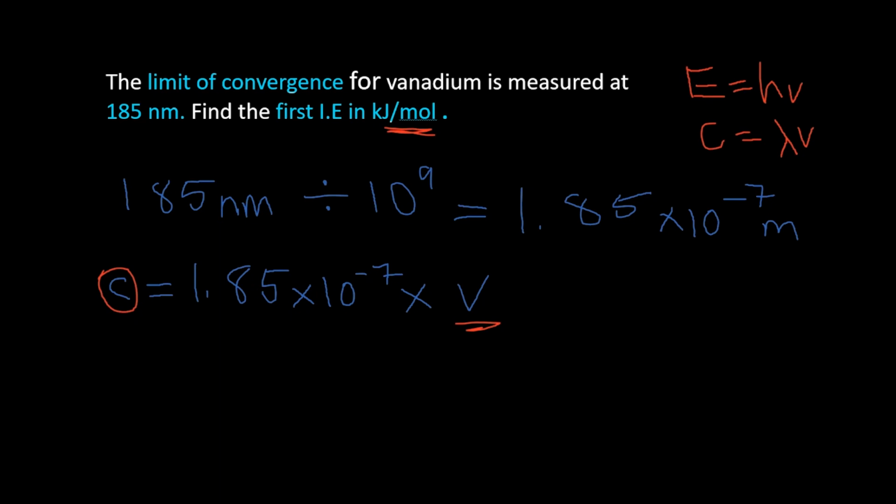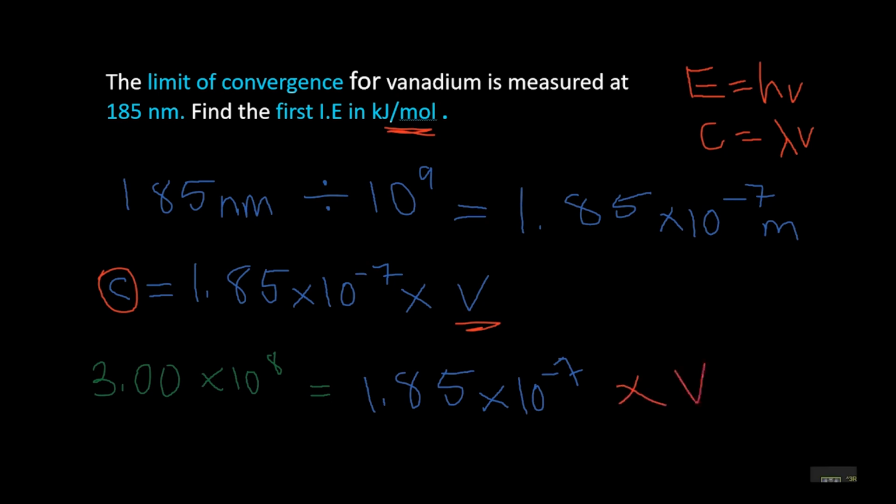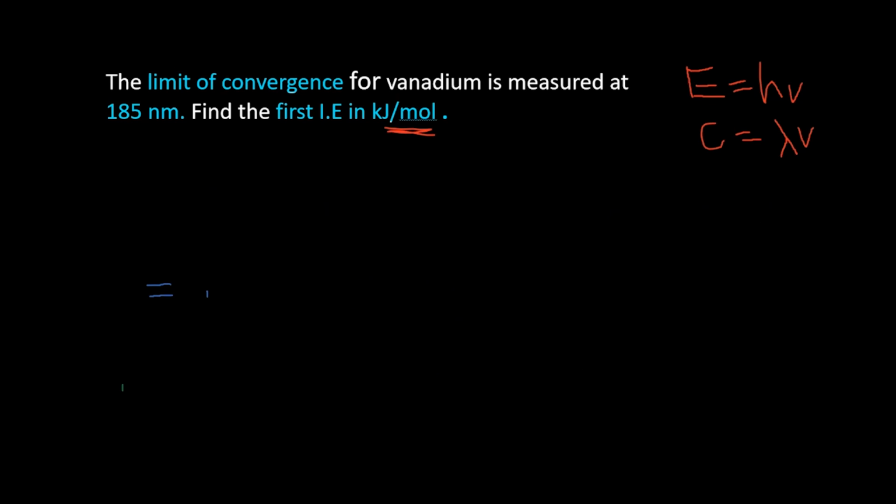So 3.00 times 10 to the power of 8 equals 1.85 times 10 to the power of minus 7, that's the lambda, times frequency. But with simple rearranging, we will find the frequency.